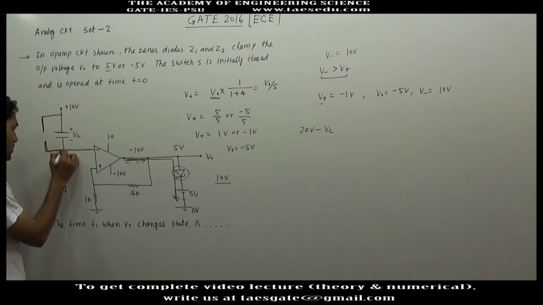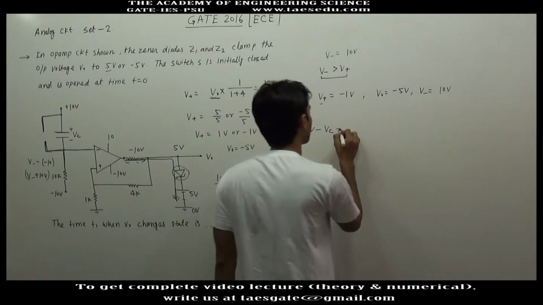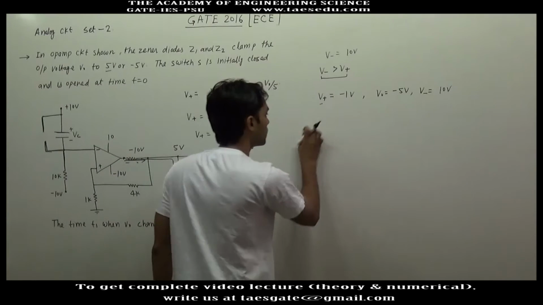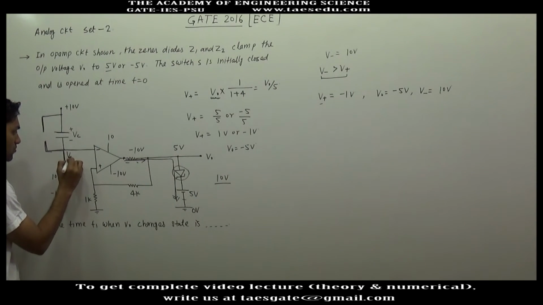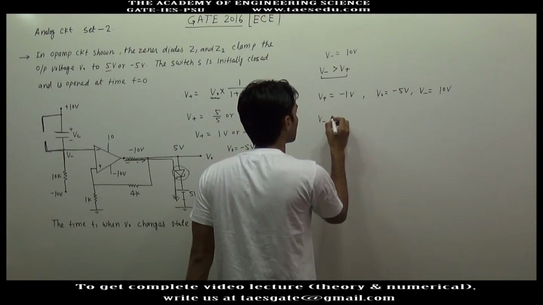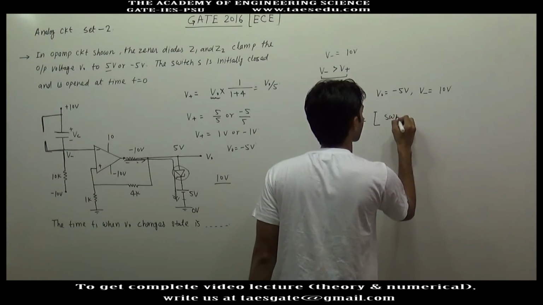Better than applying KVL, we can simply write V minus as the potential of this point, which is 10 volt minus Vc. V minus will be equal to 10 volt minus Vc when the switch is open circuited.